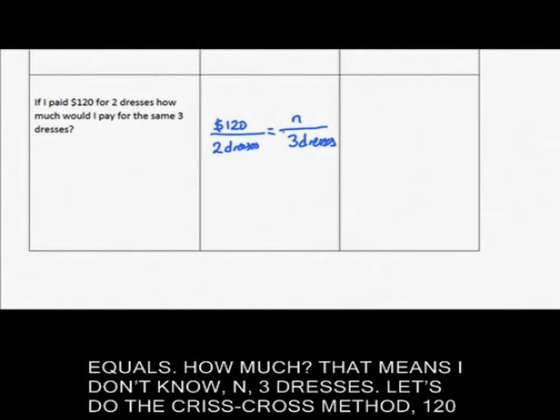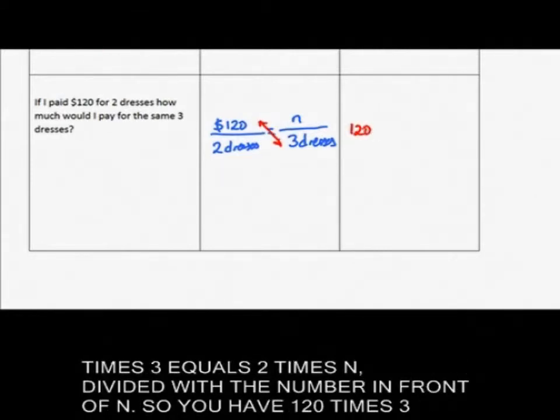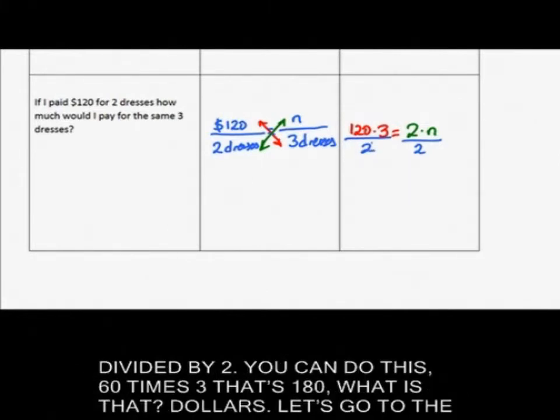Let's do the crisscross method. 120 times 3 equals 2 times n. Divide by the number in front of n. So you have 120 times 3 divided by 2. You can do this: 60 times 3, that's 180. What is that? Dollars.